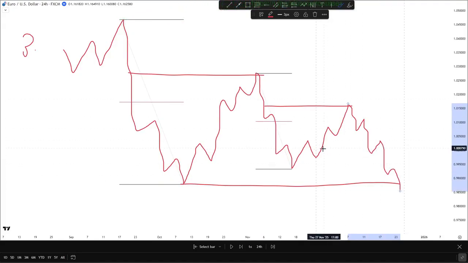In this scenario, we'll expect this macro dealing range to be rebalanced, and once it's rebalanced, then we'll anticipate price to have a bearish range expansion lower.